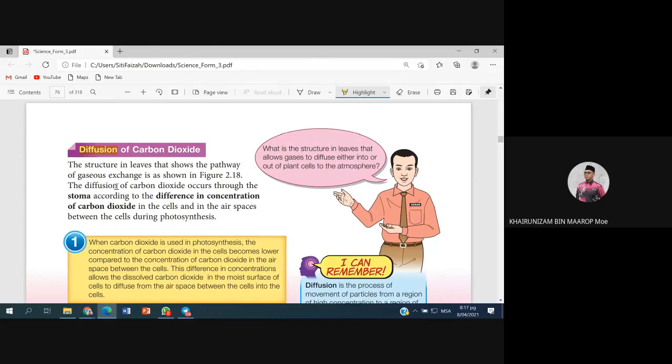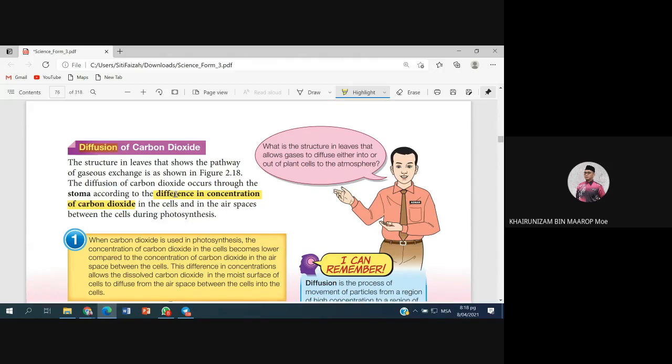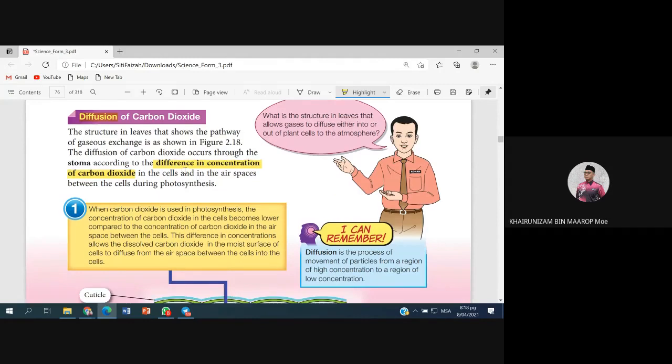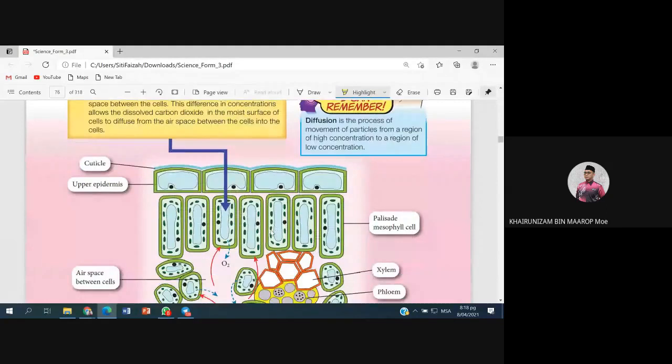The diffusion of carbon dioxide occurs through the stoma according to the difference in concentration of carbon dioxide in the cells and in the air spaces between the cells during photosynthesis. Can you get it? Okay, look at this one. I make it smaller.